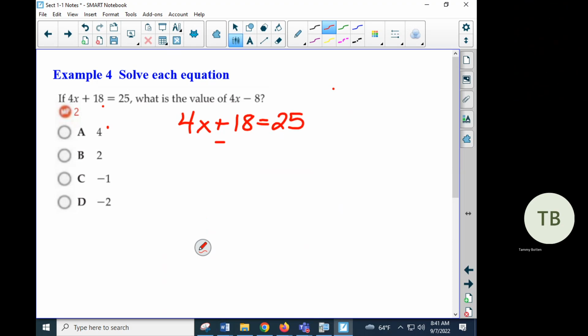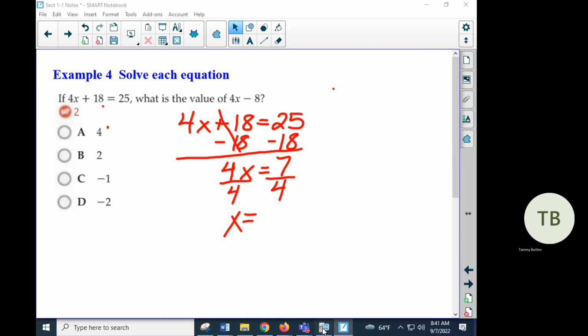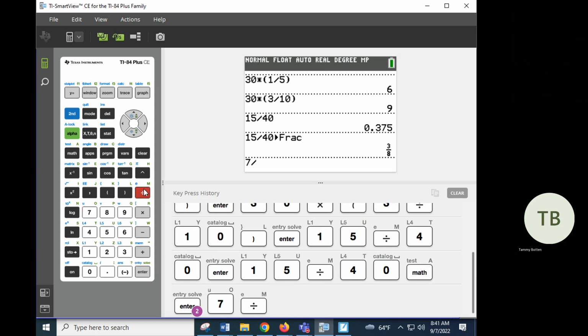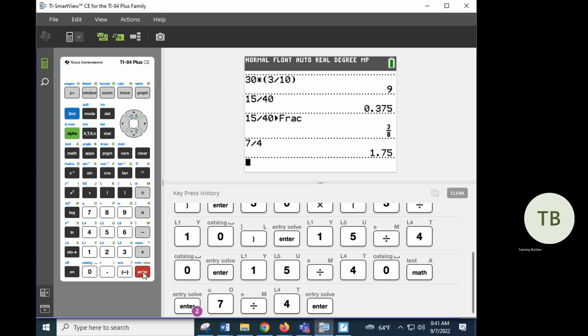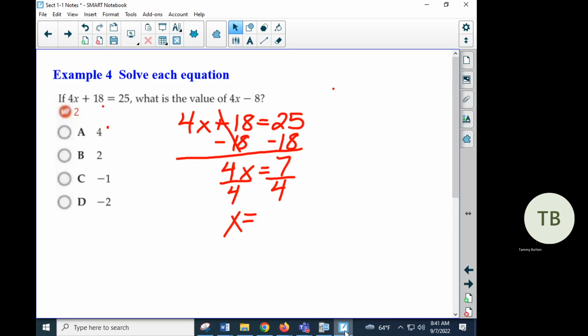We are going to subtract 18, and we get 4x equals 7. Then we would divide by 4. And most of you would go 7 divided by 4 on your calculator and get it as a decimal. 7 divided by 4 is 1.75.